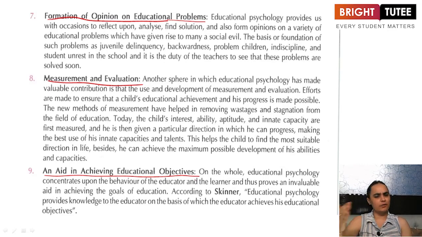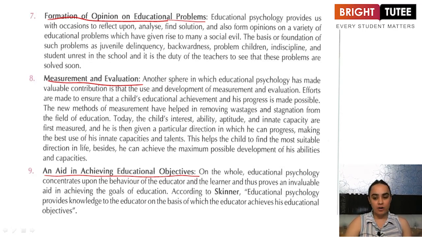So these, for example, were a few objectives, right? Educational psychology is obviously aiming at the fact that whatever objectives have been decided for education, they all should be achieved.